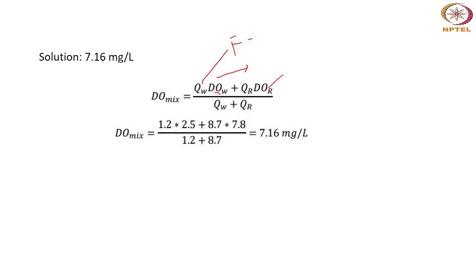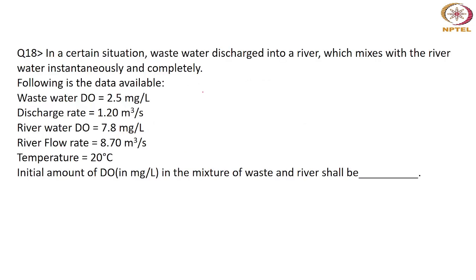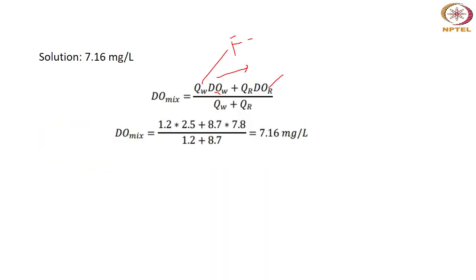QW is the flow rate of the wastewater, DOW is the DO of the wastewater, QR is the flow rate of the river, and DOR is the DO concentration of the river. So we are doing this summation and then dividing by QW plus QR. A very simple thing, no difficult concept is there. So that's how I am getting DO mix.